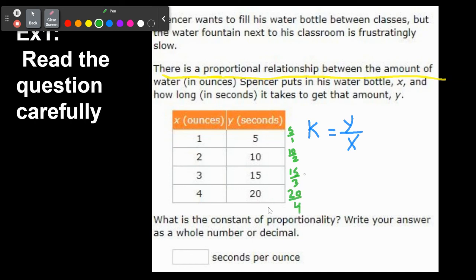We don't need to look for all of these. We already know it's a proportional relationship, so all of these unit rates are the same, and our constant of proportionality is any of these. We could take any of these data points and put it in for y over x, and we find that it is 5 over 1, or 5 seconds per 1 ounce.